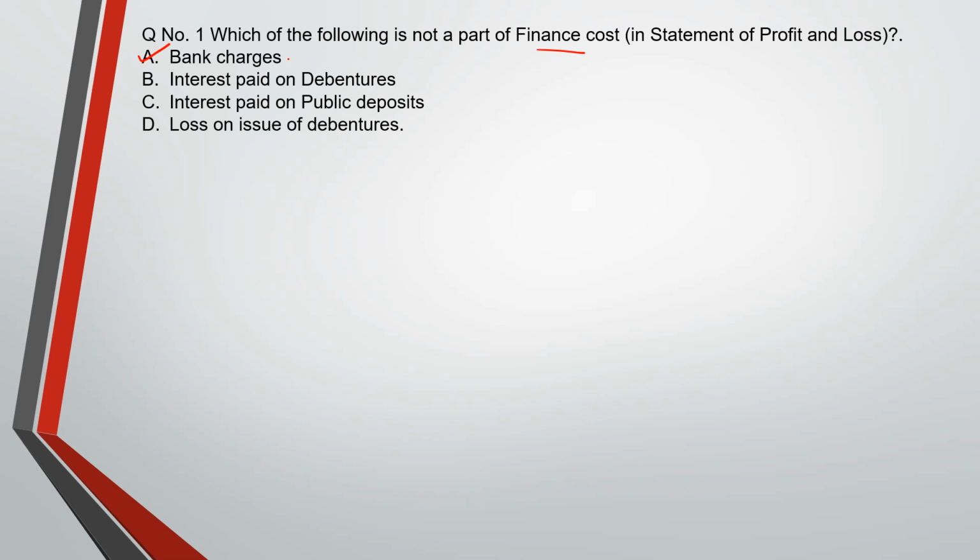It is normally the bank charges are levied on the other services that the bank provides the account holder. And therefore, this would be classified under other expenses, not under finance cost. So, this is the option A, which is a right answer for this question. I hope that is clear.